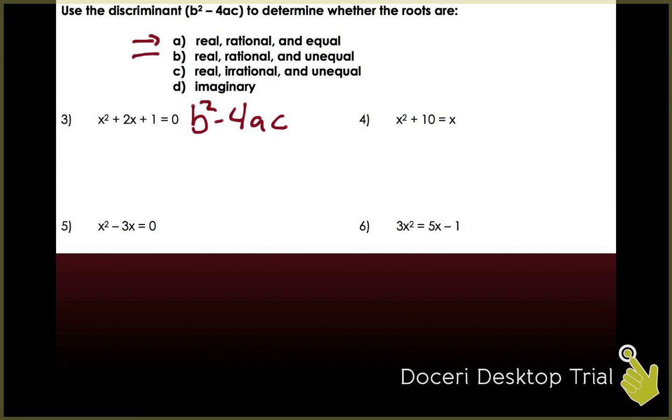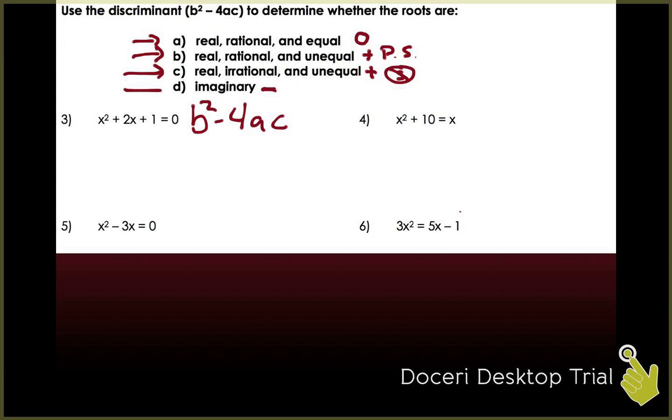If so, this is going to be 0. Real, rational, and unequal is going to be positive and a perfect square. Real, irrational, and unequal is going to be positive but not a perfect square. And imaginary means it's going to be a negative number.